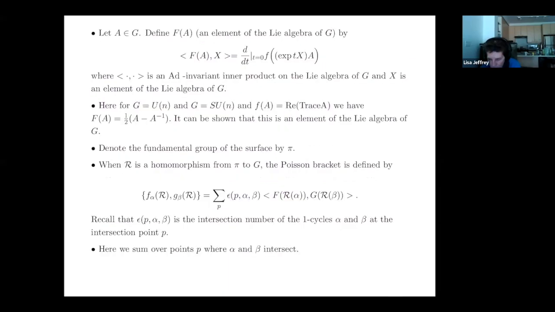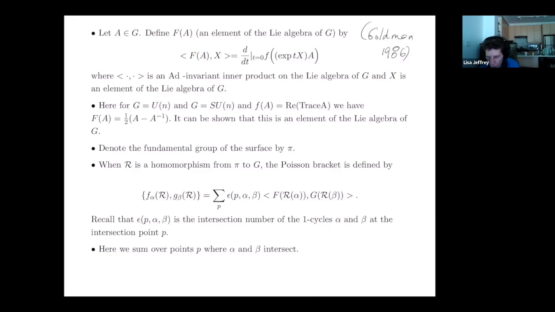This is a notation. The bracket is an adjoint invariant inner product on the Lie algebra. Basically, it's the Killing form. And this object was developed by Bill Goldman.